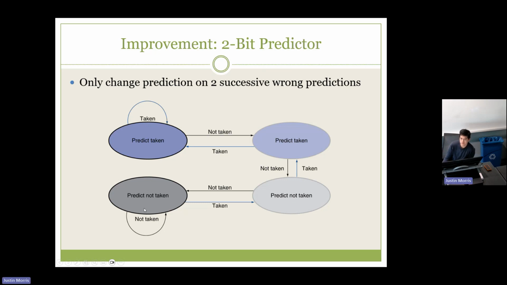So this is what my recent branch history is telling me to do. So these two bits just specify whether I am in strongly taken, weakly taken, weakly not taken, or strongly not taken, so we can have a better idea of the past history with 2 bits rather than just 1 bit.